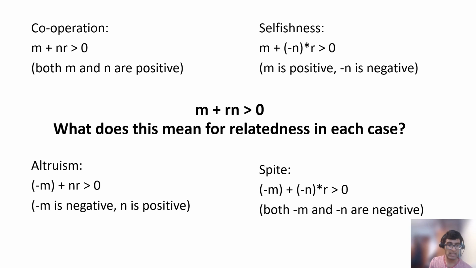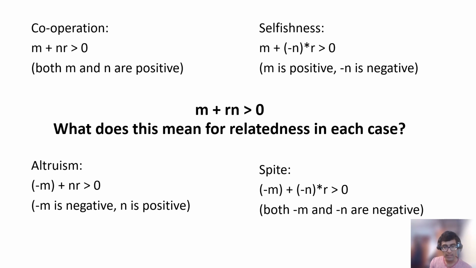For altruism, it's essentially the other way around. You're harming yourself, so m is negative, and you're helping another individual with a certain relatedness, and so n must be positive.